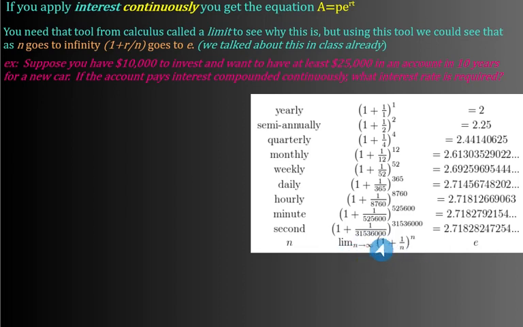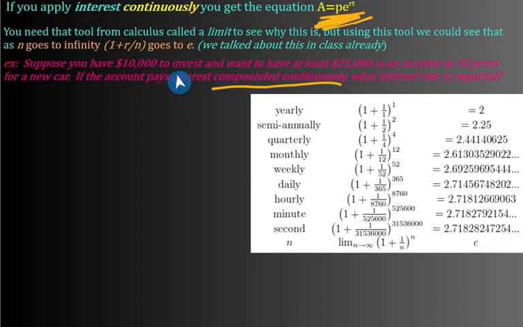And truly enough, if you take n to infinity, then this thing in here will go to e, okay? So whenever you see this, compounded continuously, that's your clue that you'll need to use this one, okay?